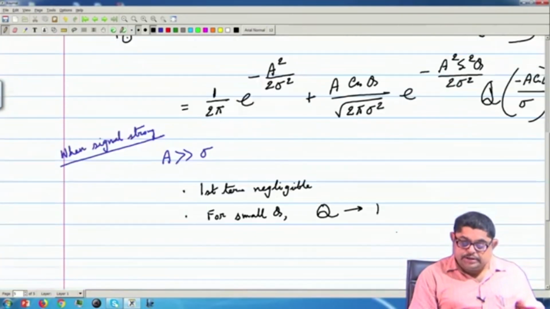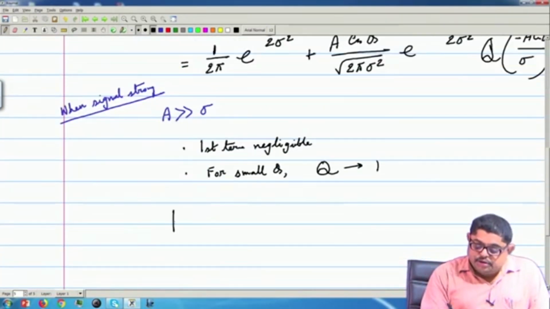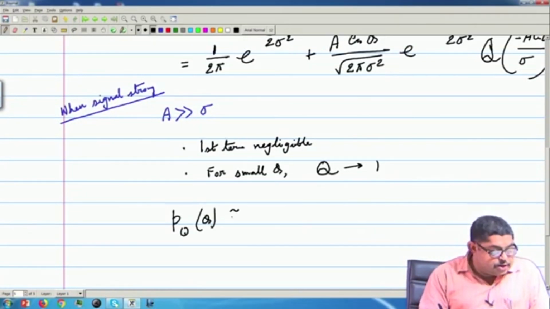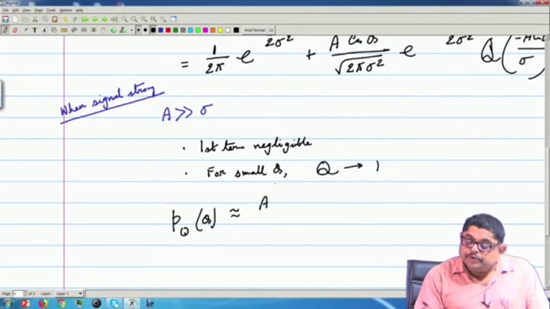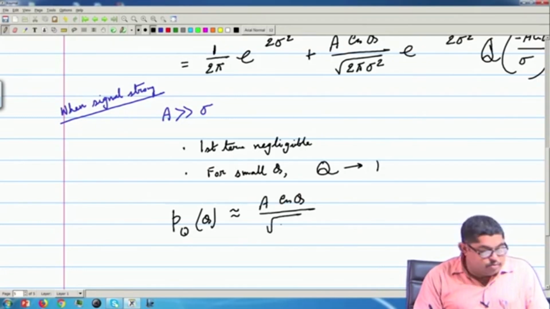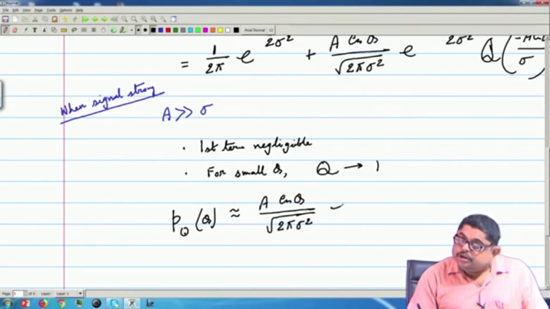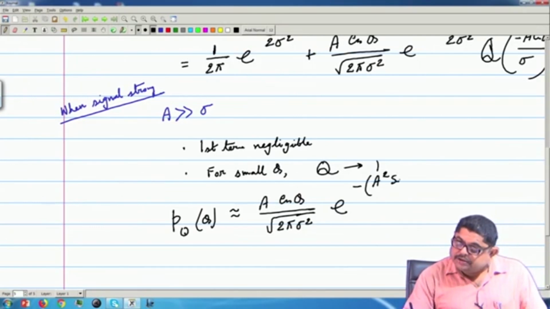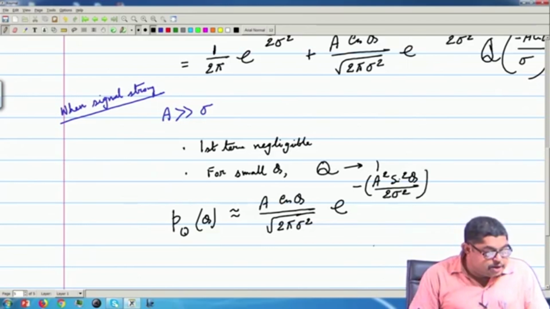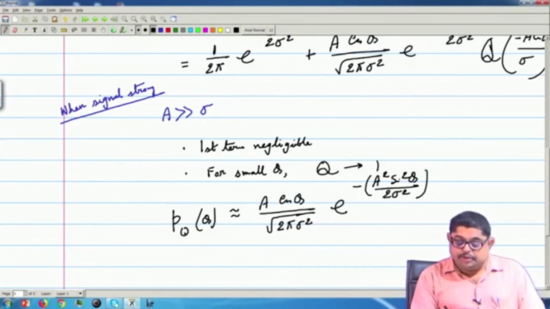So, when signal is strong, the phase distribution is something like, the first one is negligible, A cos theta by root over 2 pi sigma square into e to the power minus A square sin square theta by 2 sigma square. Again, the sin square theta we can approximate for small theta.